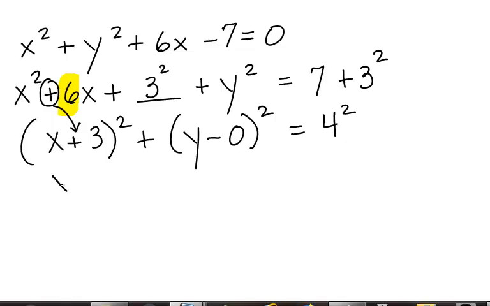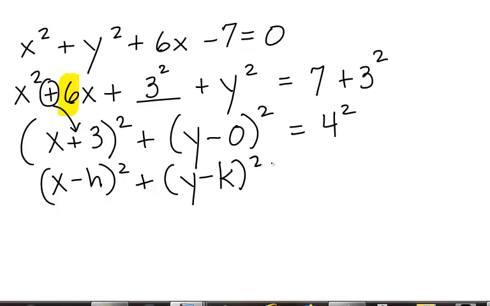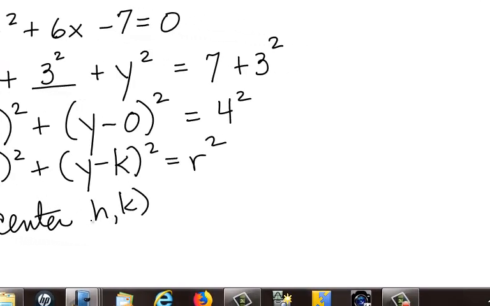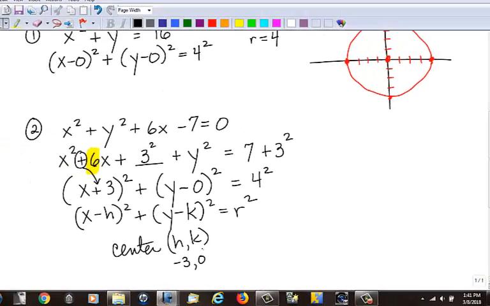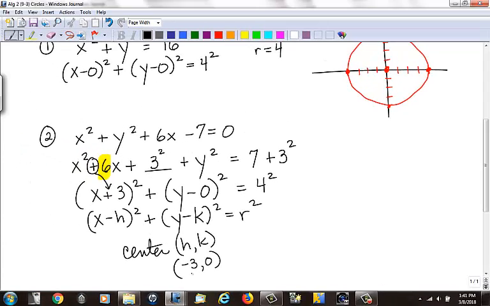And remember, it's x minus h quantity squared plus y minus k quantity squared equals r squared. So our center's at (h, k), so h is -3 and k is 0. So the center is (-3, 0), and our radius is 4. Okay, so sketch it.